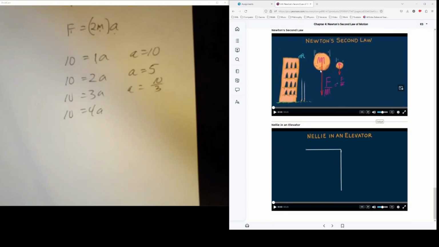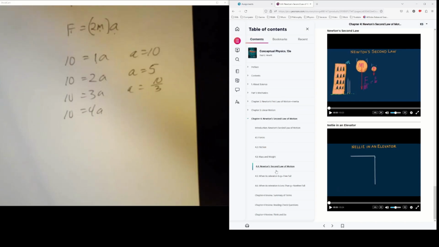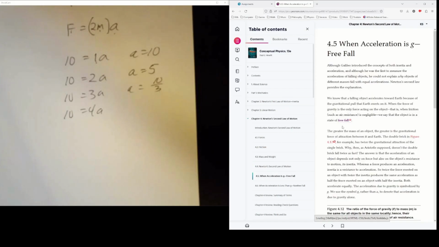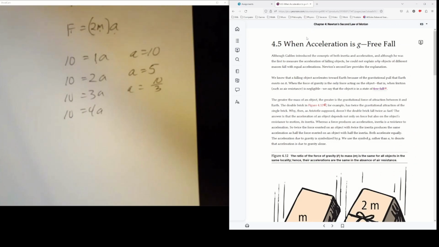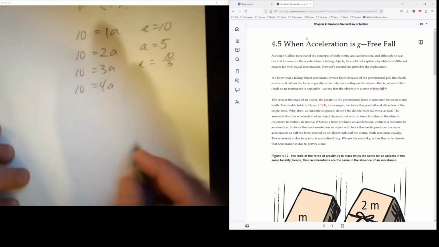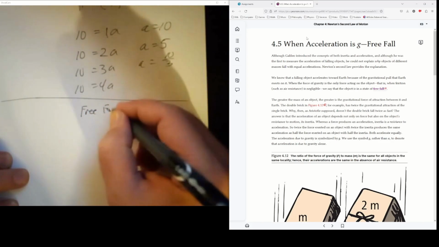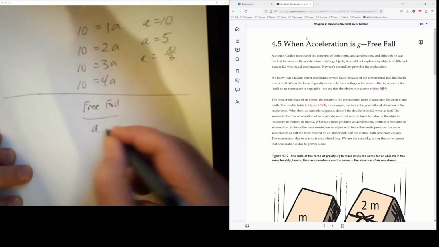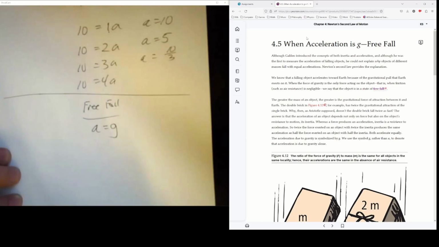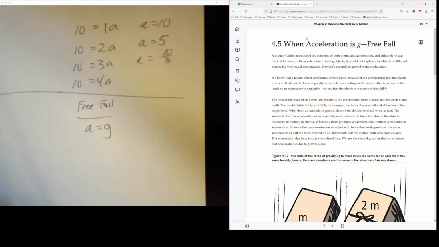Oh, looks like they're going into free fall. So, free fall is technically defined when your acceleration is only due to Earth's gravitational field, g, versus when they talk about air resistance.